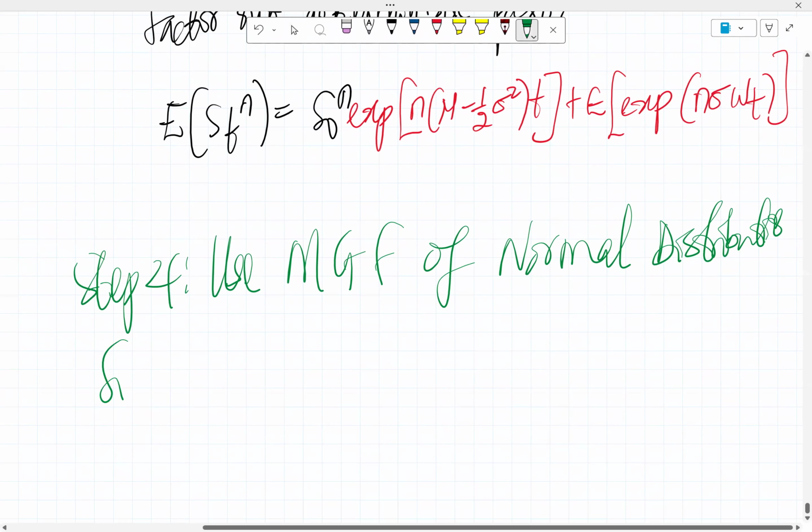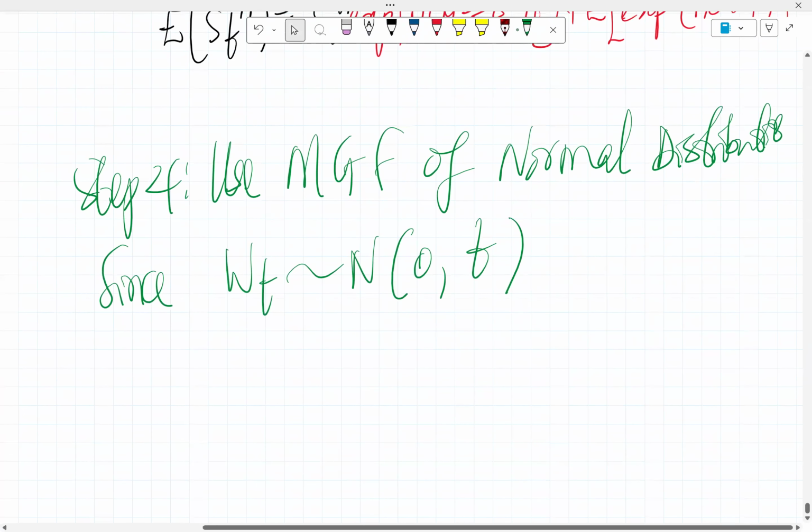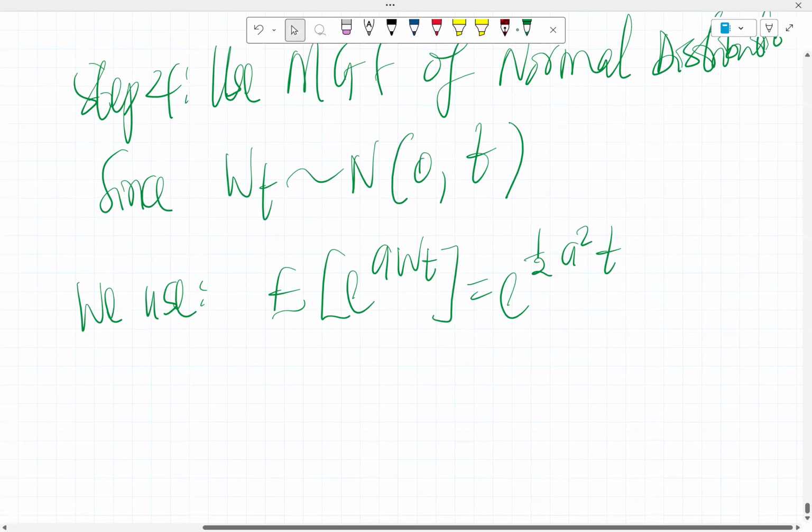Since we know that the Wiener process follows a normal distribution with mean zero and variance t, we use the fact that the expected value of e^(a W_t) is the same thing as e^(half a squared t).